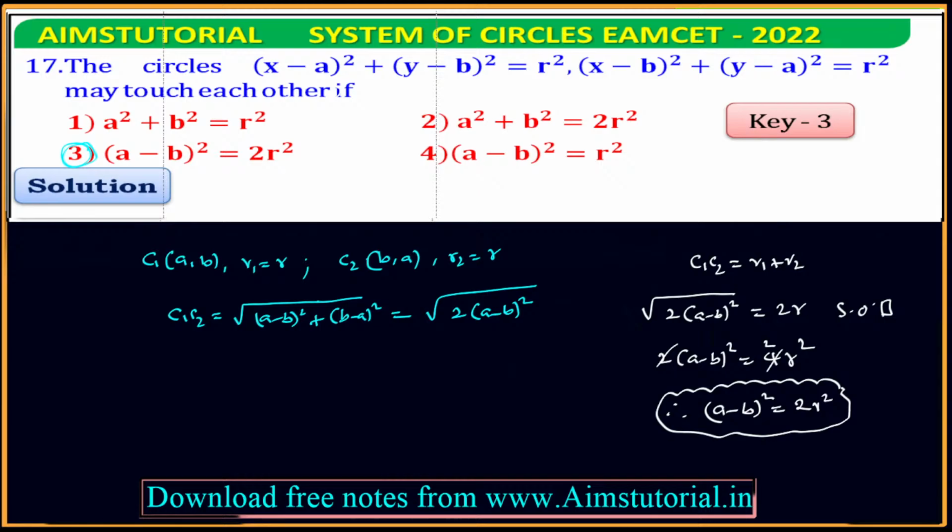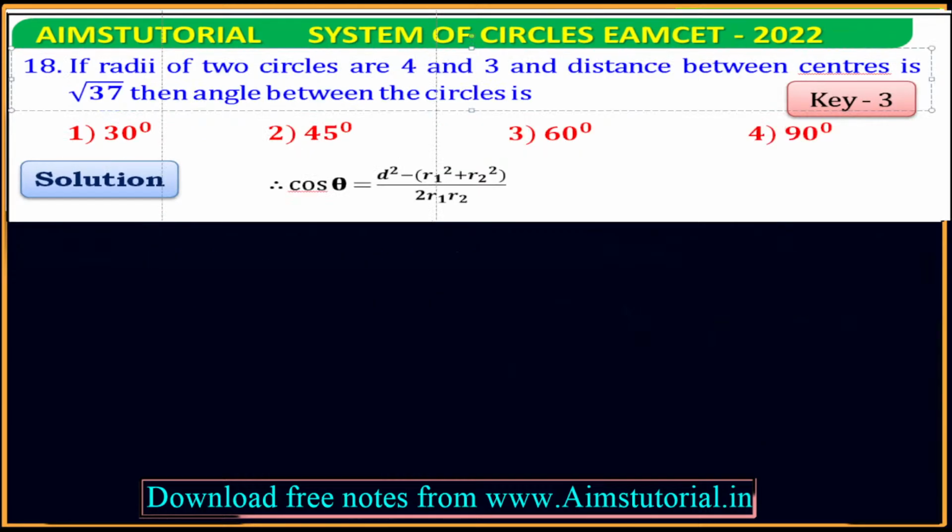Now question number 18. If the radii of two circles are 4 and 3 and the distance between the centers is root 37, find the angle between the circles. Using the formula, cos theta equals d square minus r1 square minus r2 square by 2 r1 r2. d is root 37, square is 37, r1 is 4, 4 squared is 16, minus 3 squared is 9, divided by 2 times 4 times 3.